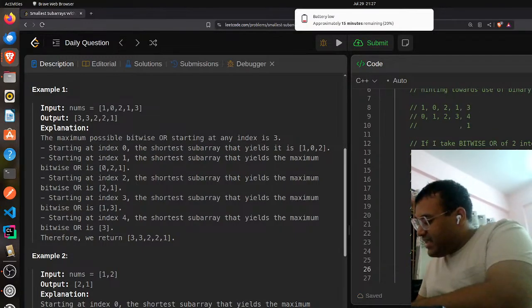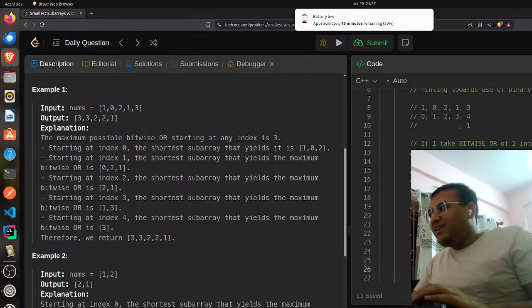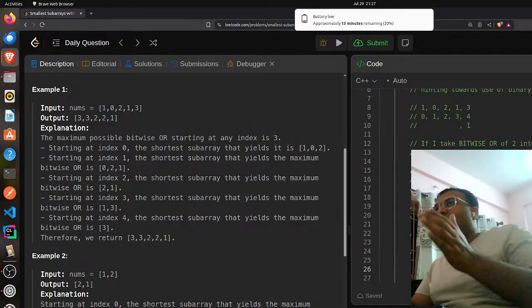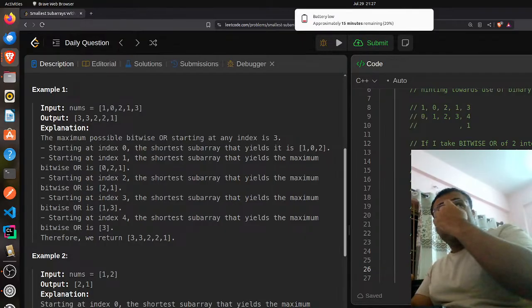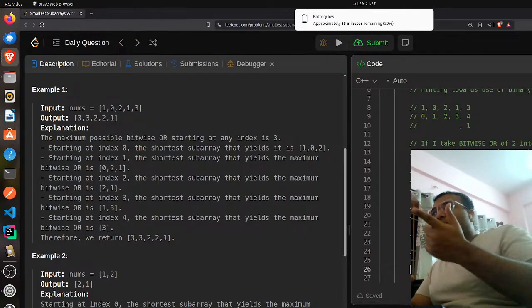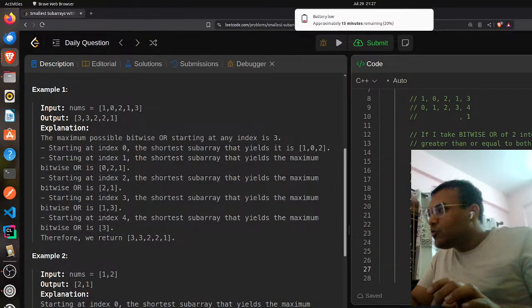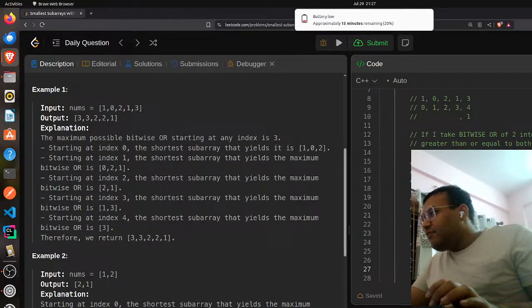So if B is greater than C, that means that either the most significant bit of B is greater than C, or there is at least one bit, basically maybe B is something like this, C is also 100, but there will be one bit where B will actually be greater than C. So if we are doing OR, that would mean that X will have that bit set to 1, and we are assuming A is less than this also.